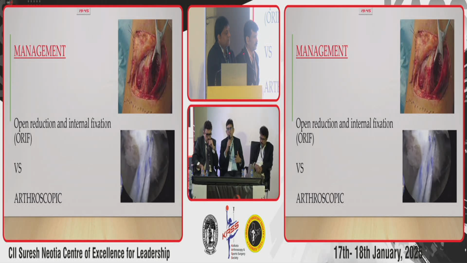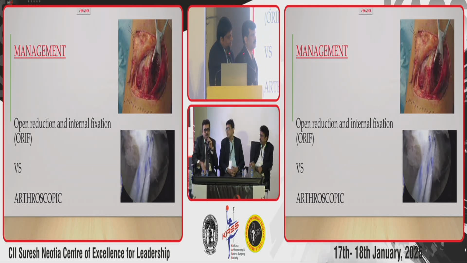Rather than struggling for hours to get your posteromedial portal without visualizing properly, open surgery has a role, and the results are, I think, almost identical to arthroscopic surgery. So it's about whatever you are comfortable with, whatever armamentarium you have, and your expertise on that.